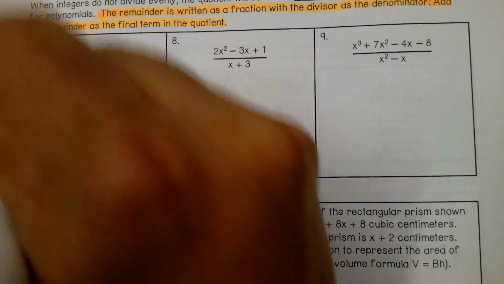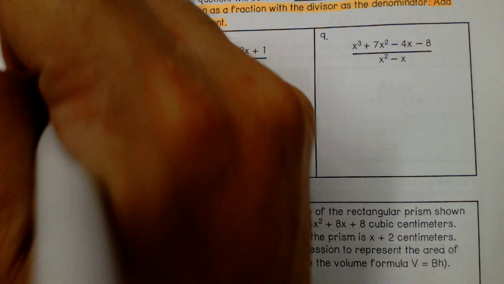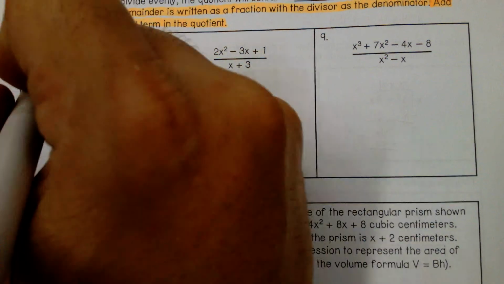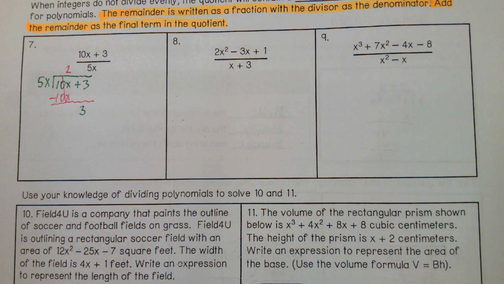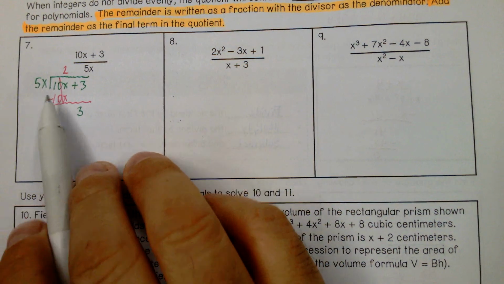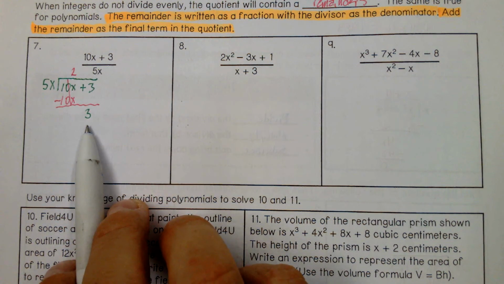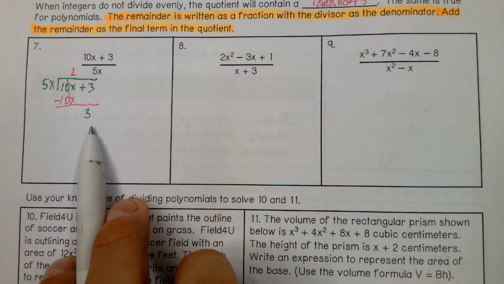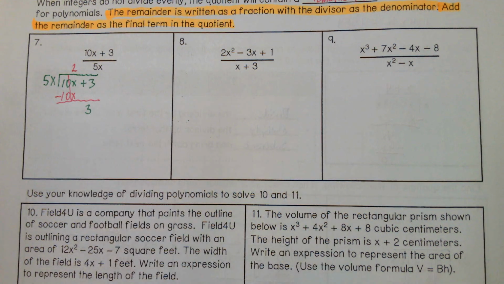And we apply our minus. This cancels. I get a 3. Okay. Now, 5x times what gives me 3? Can I multiply 5x times something to produce a 3? So this is our remainder.